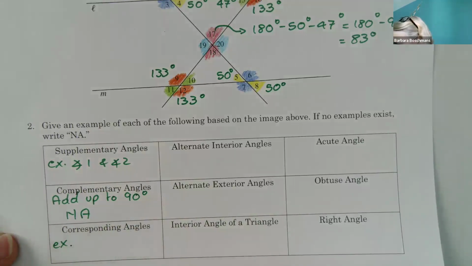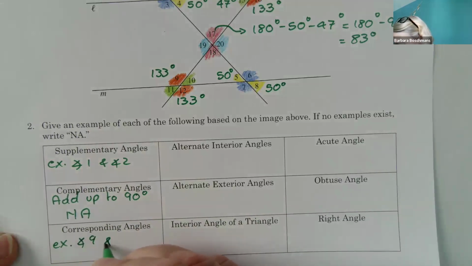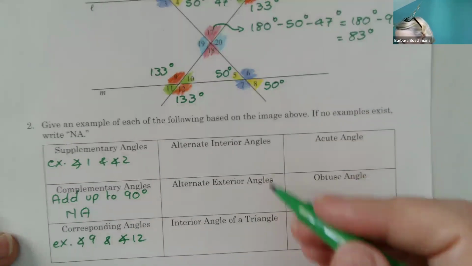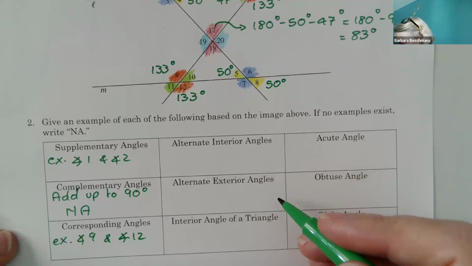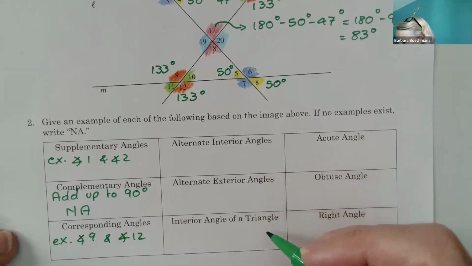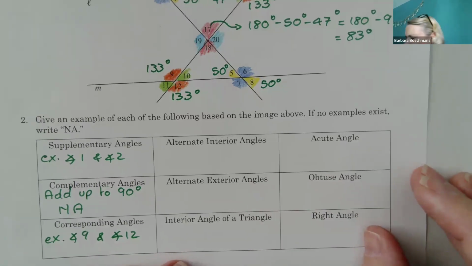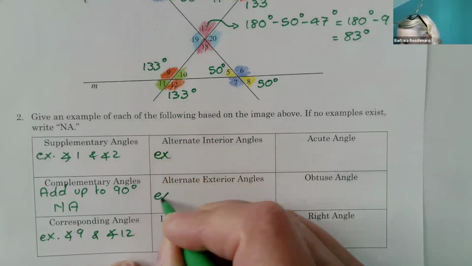So let's do 9 and 12. You can pick any of them that are the same color. Alternate interior and exterior, I already gave you examples. Why don't you find some different examples? For the interior angle of a triangle, we know that the sum is 180, so find one of the interior angles as an example. So all of these, you need to come up with examples.